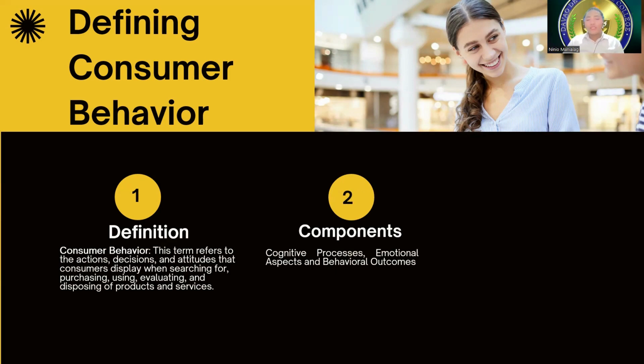Cognitive processes are the mental procedures consumers go through to make sense of information, like perception, memory, and problem solving. The emotional aspect refers to the feelings or emotions that consumers experience during the buying process. Behavioral outcomes are the actions consumers take, such as purchasing, using, and disposing of a product.